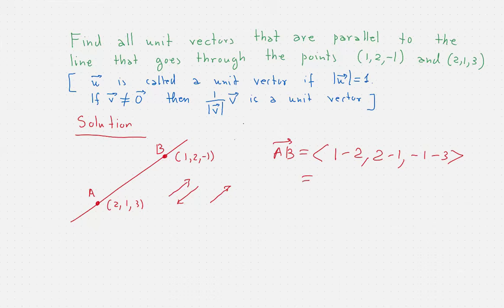Okay. So all we need to do is, as we say, normalize the vector, which is exactly this. So what is the magnitude of this vector? The magnitude of this vector is going to be square root of (-1) squared plus 1 squared plus (-4) squared, which is square root of 18.